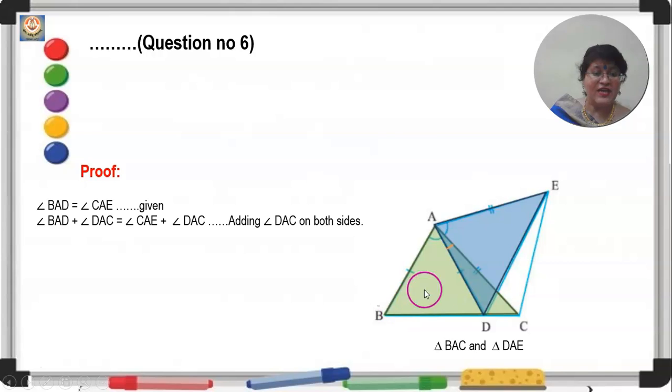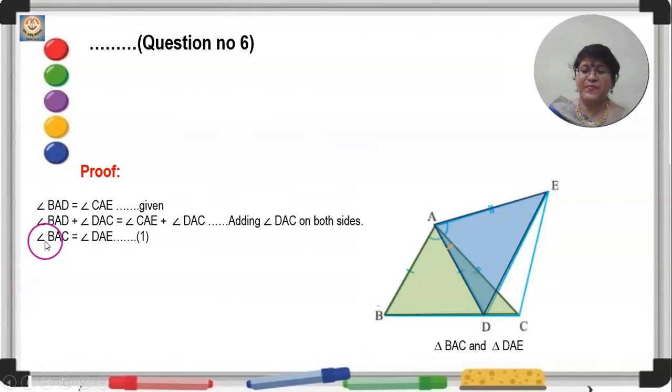Because only if I add angle DAC on both the sides will I get BAC and I will get DAE. So this step is very important, adding angle DAC on both the sides. So after adding, what do you get? You get BAC equal to DAE. Number it as statement 1. This is a very important statement.